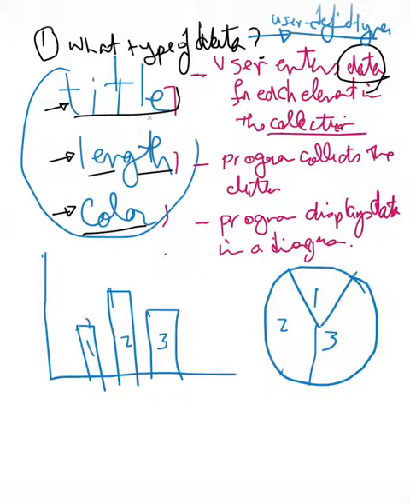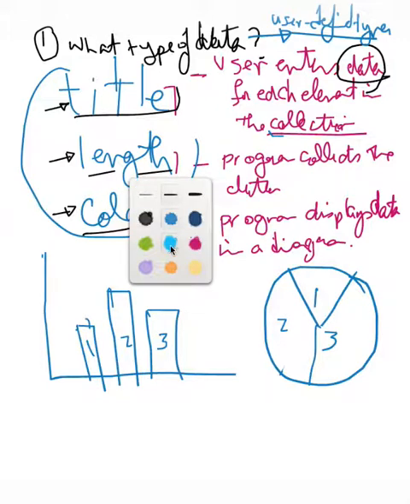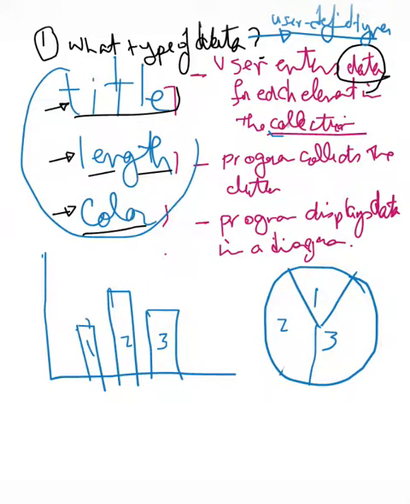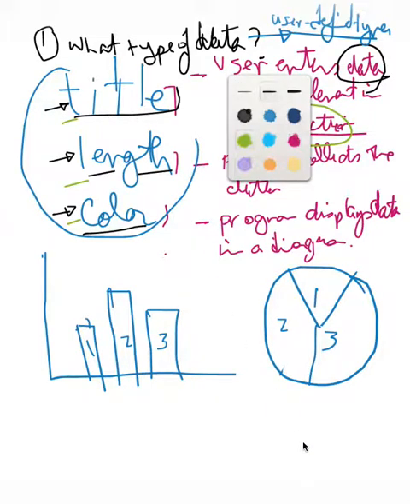So the second question, so this is the first thing. The second thing is there is a collection here. So not only are we gathering data from 3 different values, we're actually gathering a collection of this.